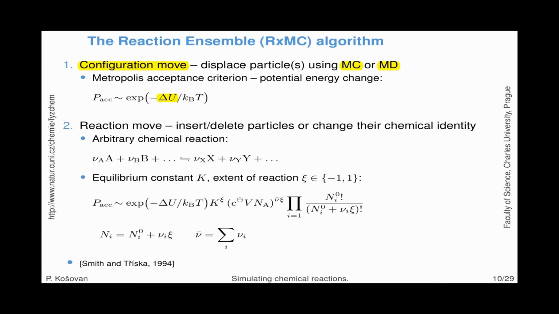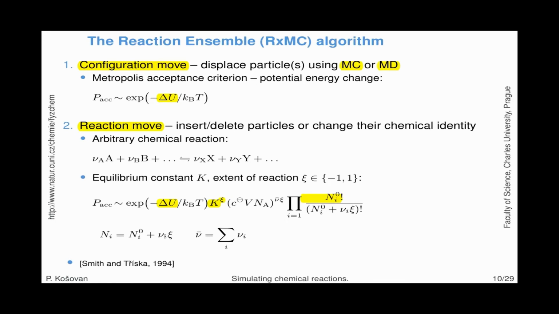Step 2 is specific to chemical reactions. We call it a reaction move, and in this move we insert or delete particles or change their chemical identities based on the given chemical reaction. And in this case, the acceptance of the new configuration depends not only on the change of the potential energy upon this change, but also on the equilibrium constant of the reaction, the extent of reaction psi, and some other parameters that are related to the number of species of a given type in the system.